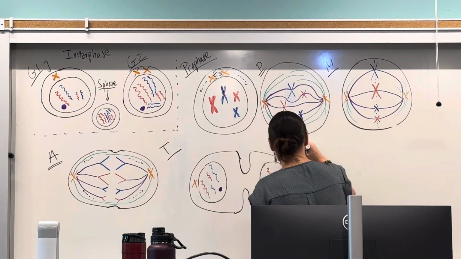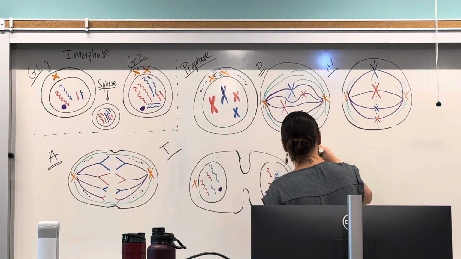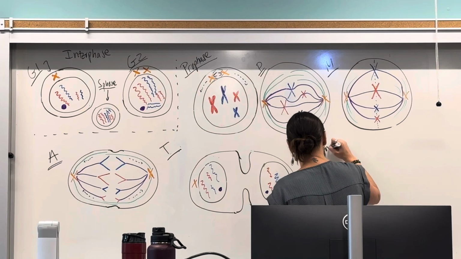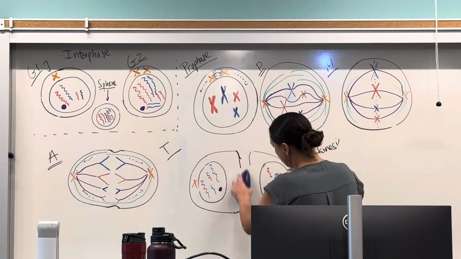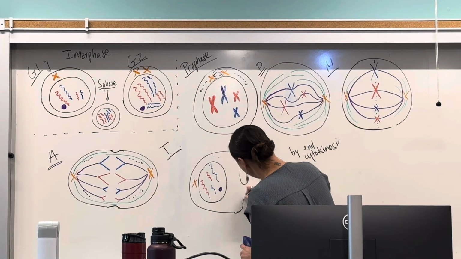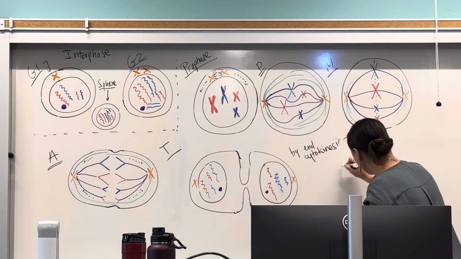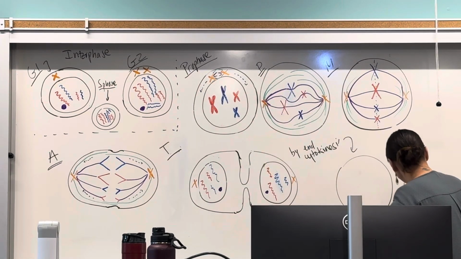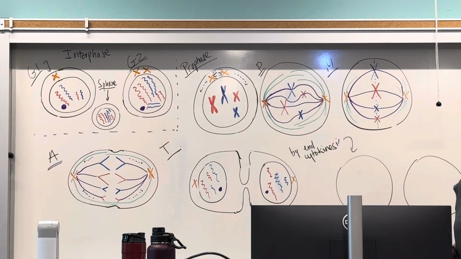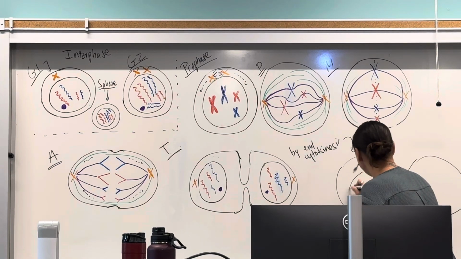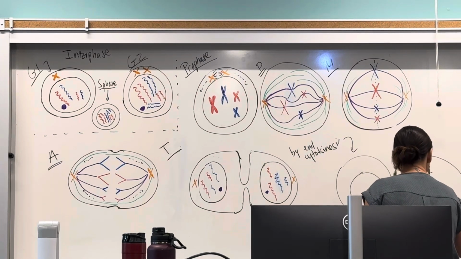By the end of cytokinesis, imagine this going deeper and deeper, eventually this comes together, and then you end up with 2 separate cells that are identical to one another.